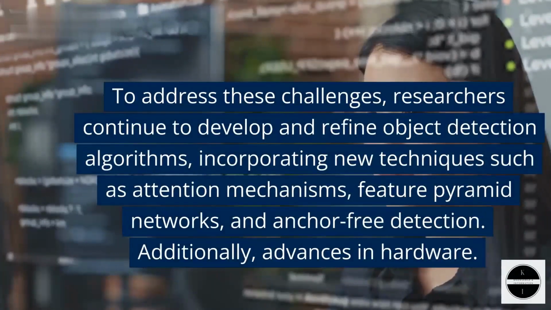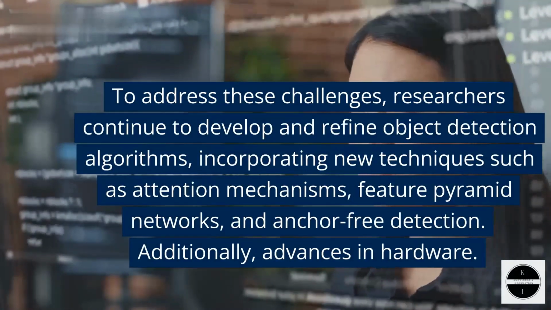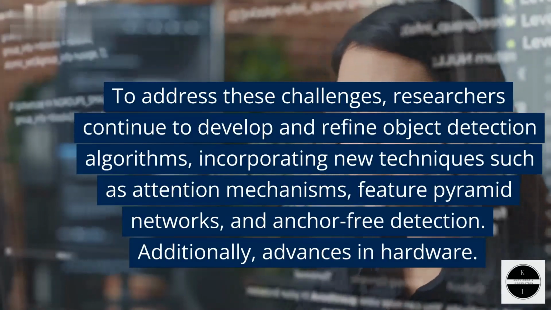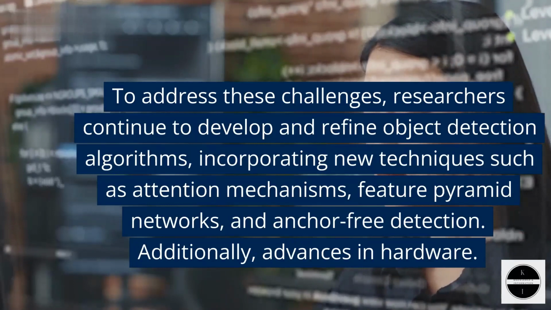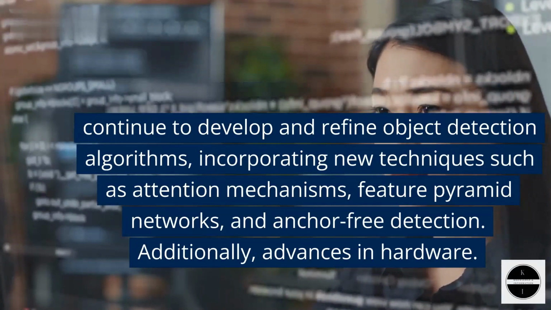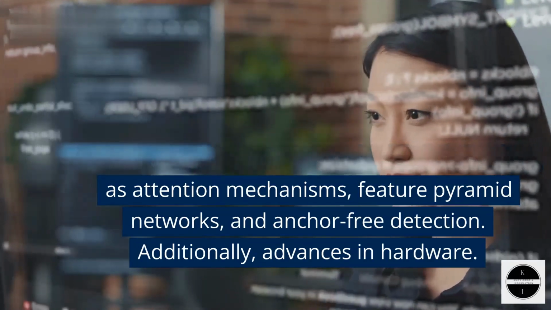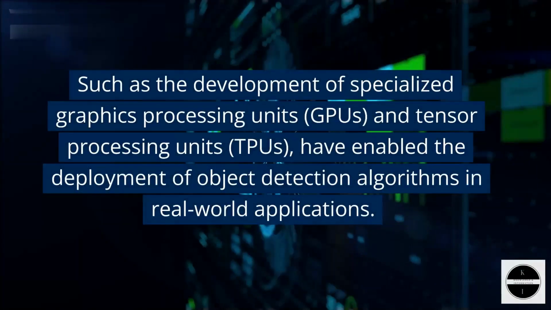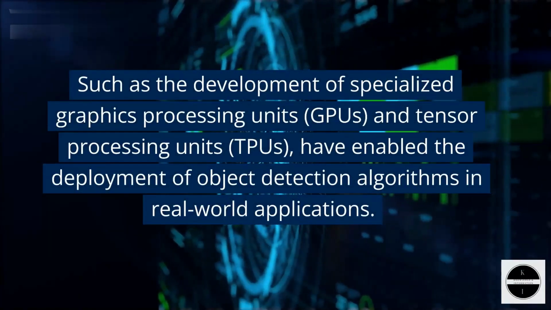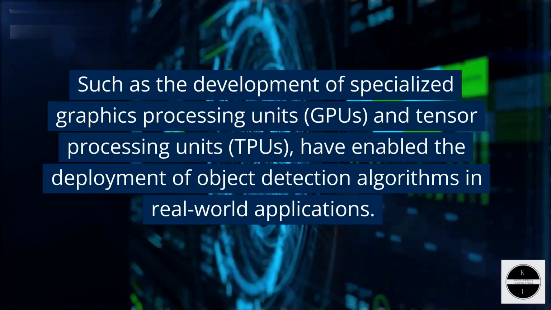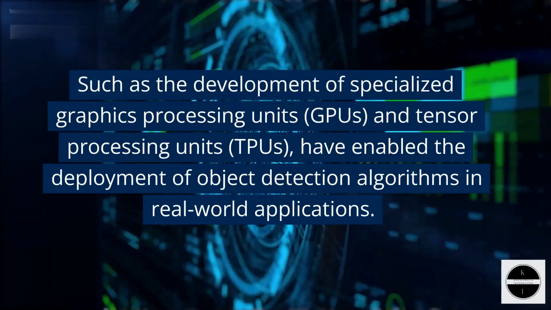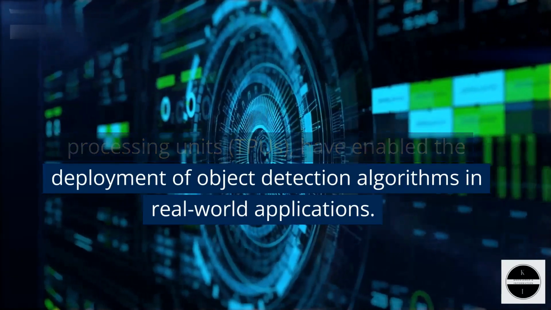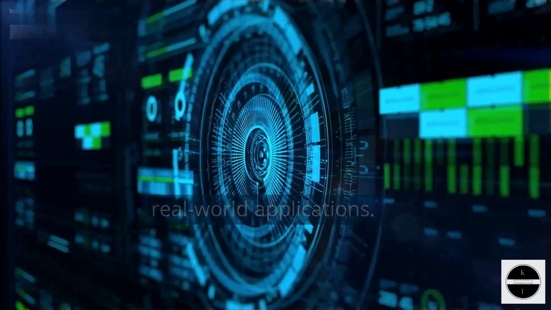To address these challenges, researchers continue to develop and refine object detection algorithms, incorporating new techniques such as attention mechanisms, feature pyramid networks, and anchor-free detection. Additionally, advances in hardware, such as specialized graphics processing units, GPUs, and tensor processing units, TPUs, have enabled the deployment of object detection algorithms in real-world applications.